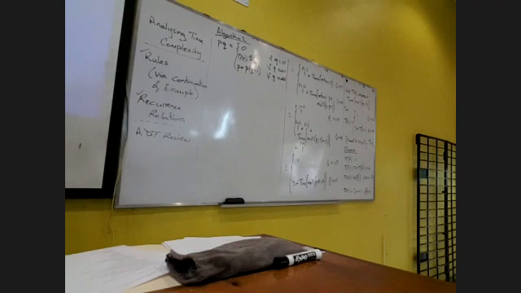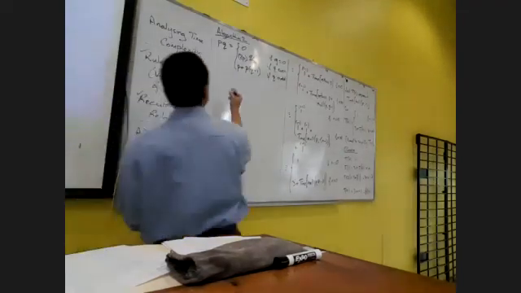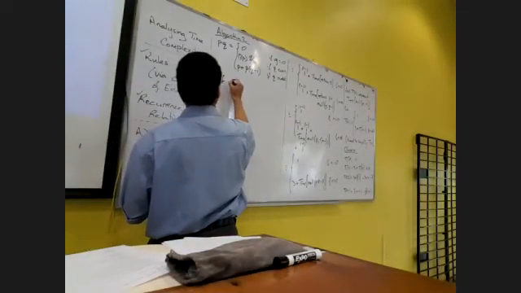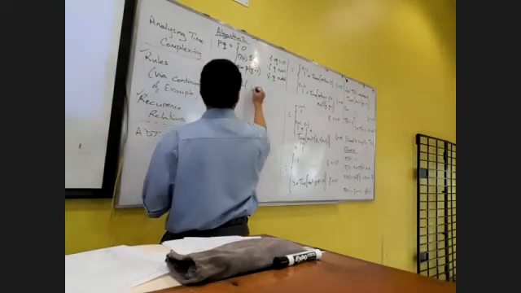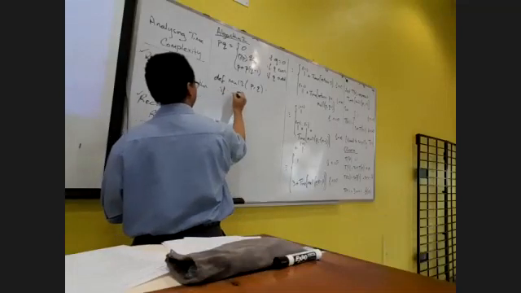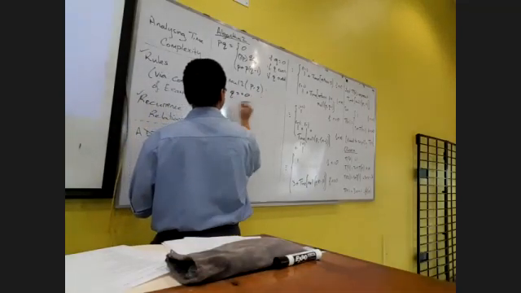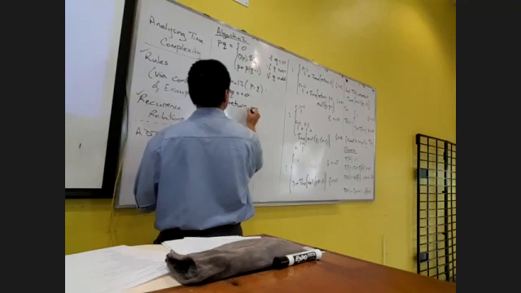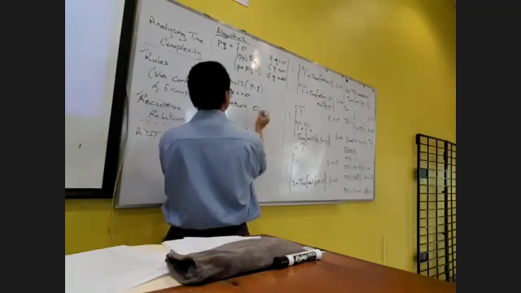From this, I can derive an algorithm. It looks like this. If Q is 0, return 0.